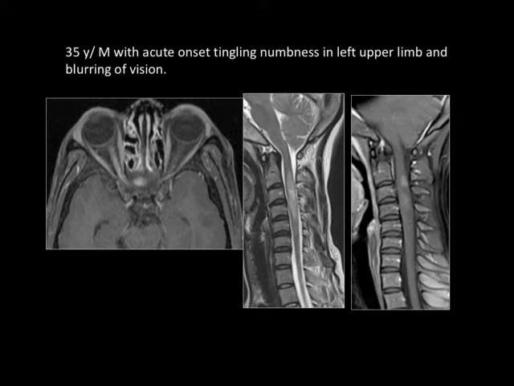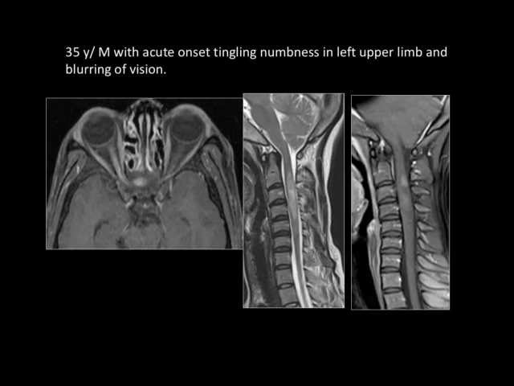Is there any disparity in the enhancement of the left optic nerve? Which orbit is abnormal? Which optic nerve?